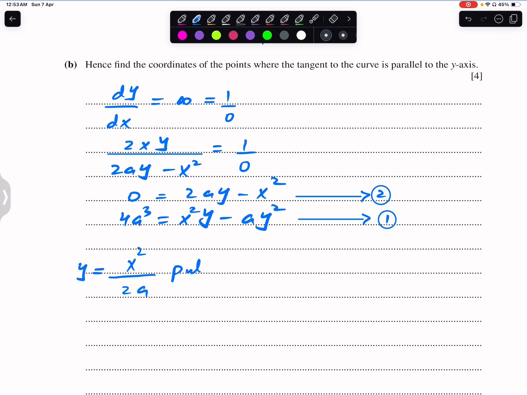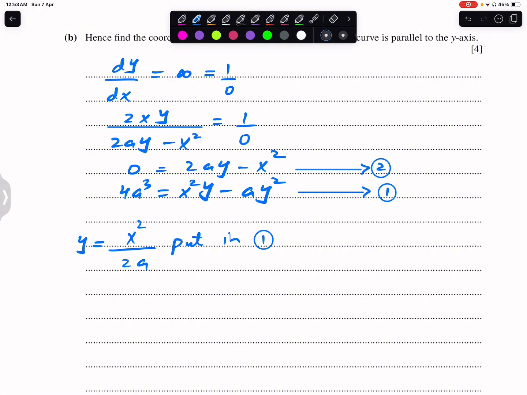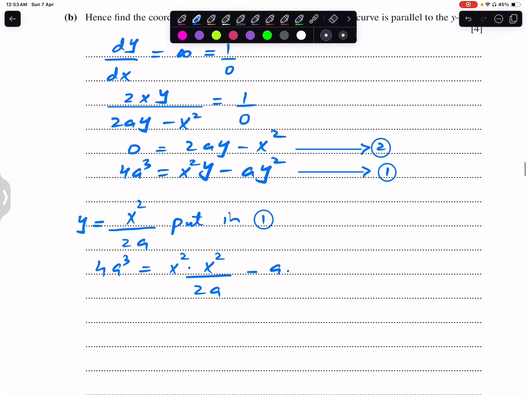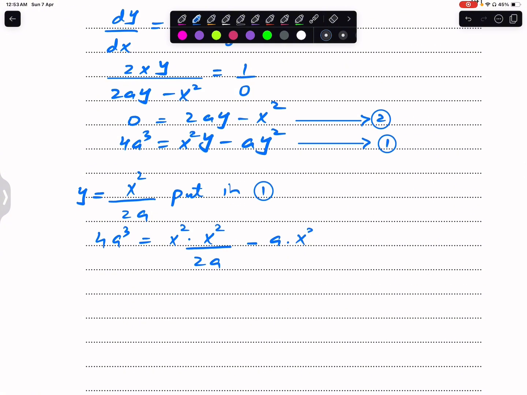Now put this in the second equation. So 4a cube is equal to x square times x square divided by 2a minus a times y square, meaning x square over 2a, then square on it.